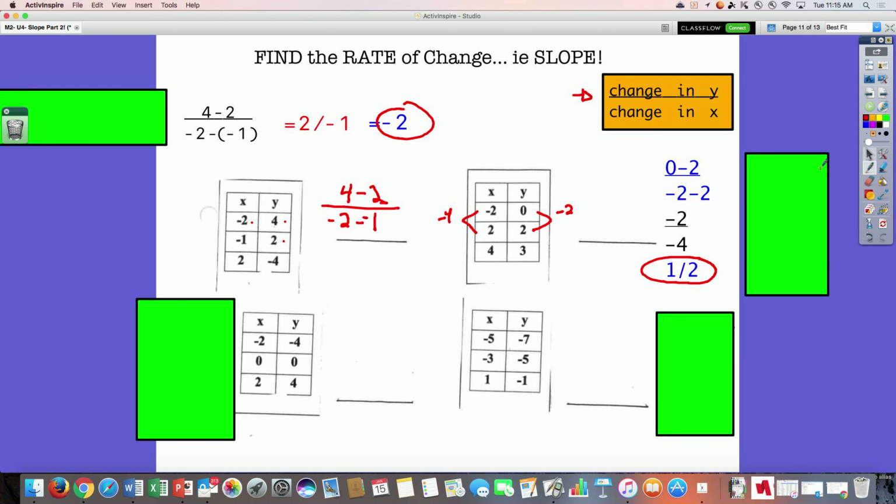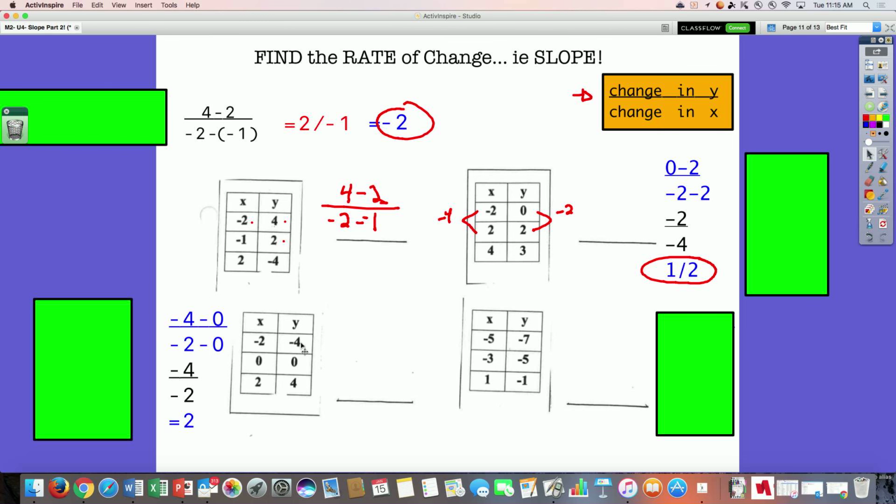Cheeseburger! Hey, welcome back. Glad you're sticking with it. I bet you're getting all these right. Did you subtract them? Did you subtract this one minus this one and this one minus this one? You get 4. Negative 4 minus 0 is negative 4. Negative 2 minus 0, negative 2. Reduce that fraction, I get 2. Great job. I bet you got that right. Let's do another one.